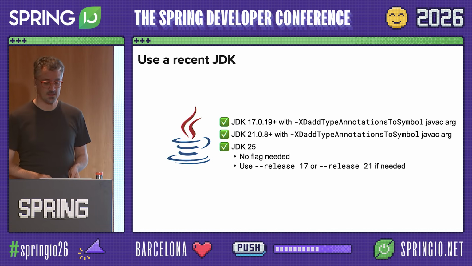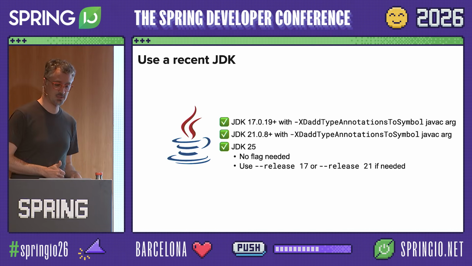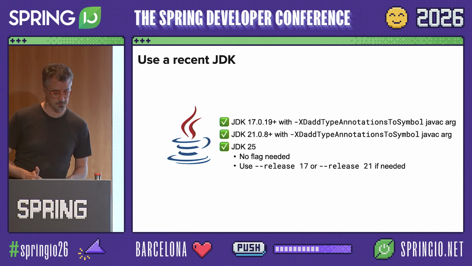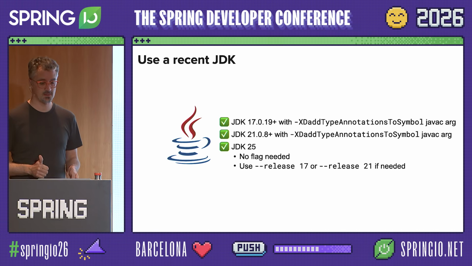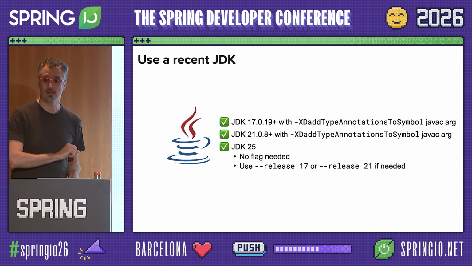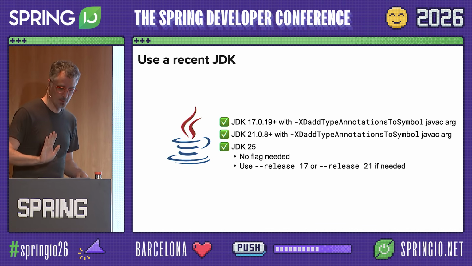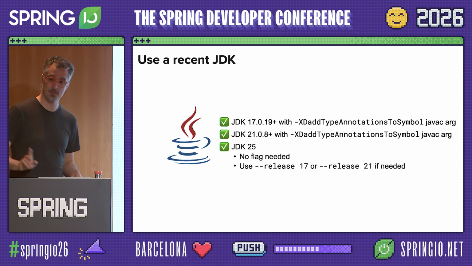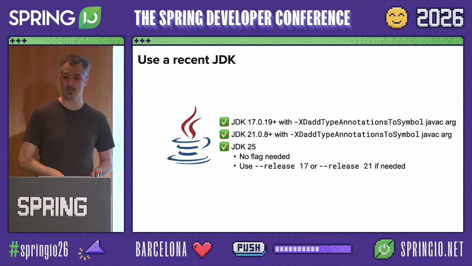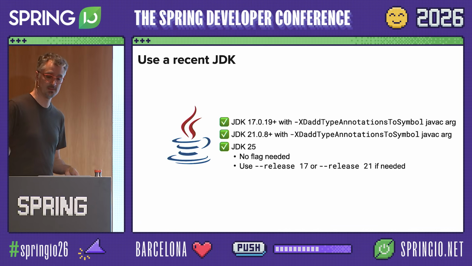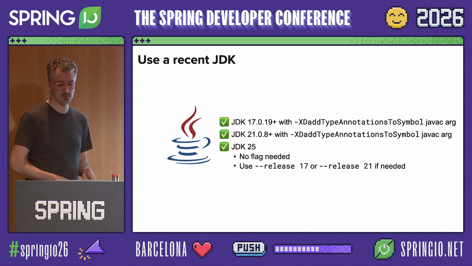The updated guidelines are, if you are using JDK 17, you need to use JDK 17.0.19+, which will be released next week. So almost good timing. Before, you had no option except using a more recent JDK. It's a good thing that this support has been backported to Java 17.